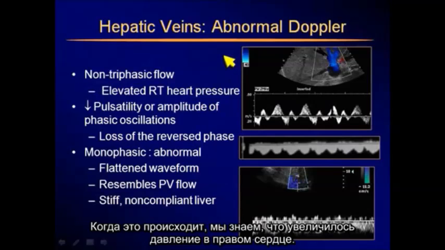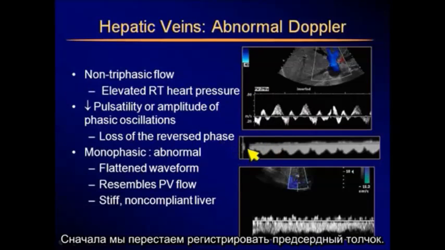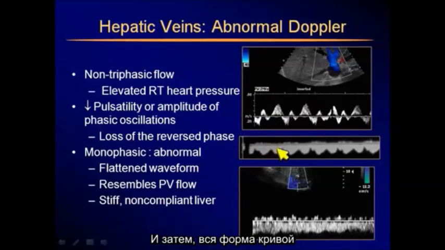When we lose that, we know that there's elevated right heart pressure. We lose the oscillations or the amplitudes. We can actually lose the atrial kick. We lose that first, and then the whole waveform starts to be more dampened, eventually turning into a monophasic abnormal waveform that is flattened and actually almost resembles a portal vein flow.